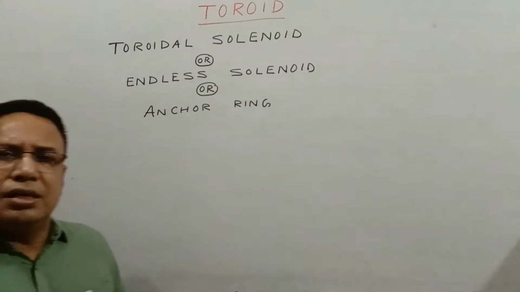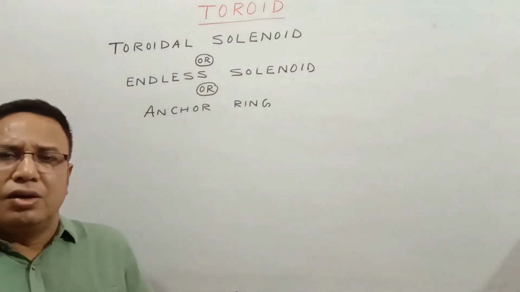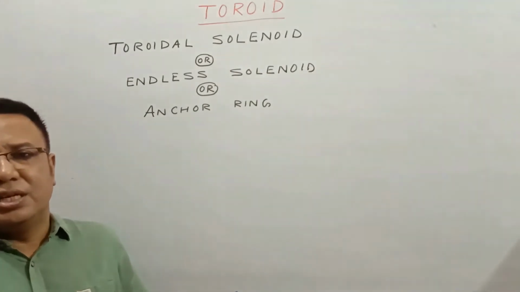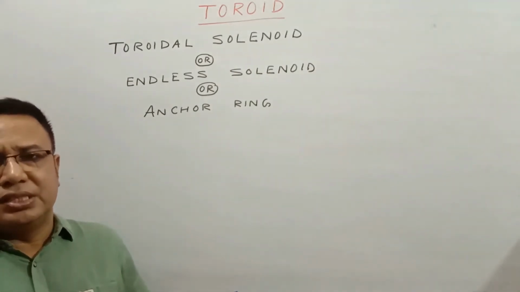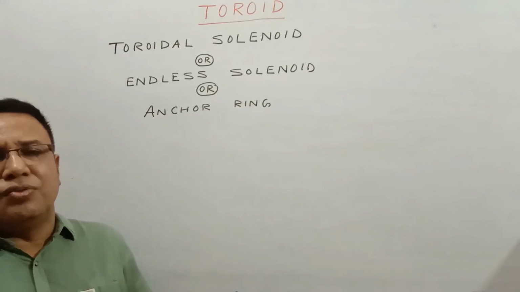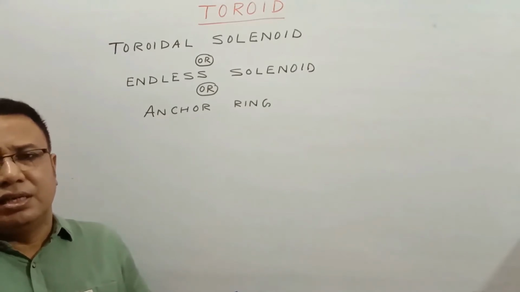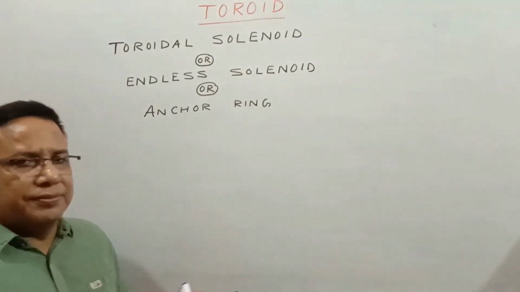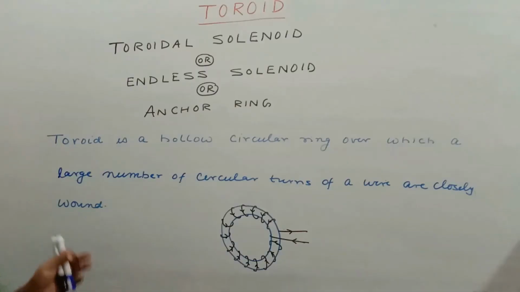Toroid is a hollow circular ring over which a large number of turns of a wire are closely wound. So let us see the definition here. This is the definition, what I just said.